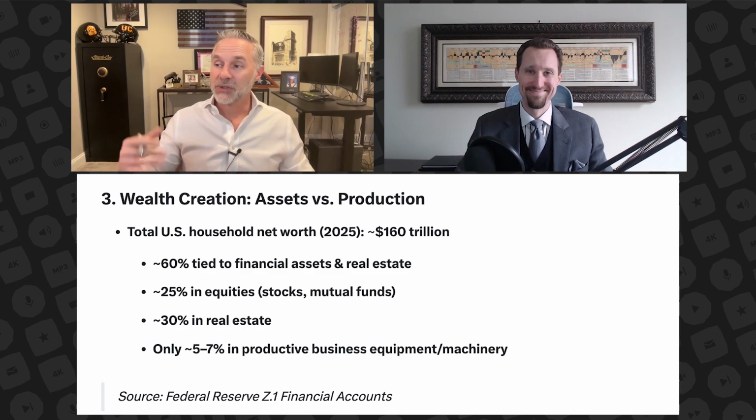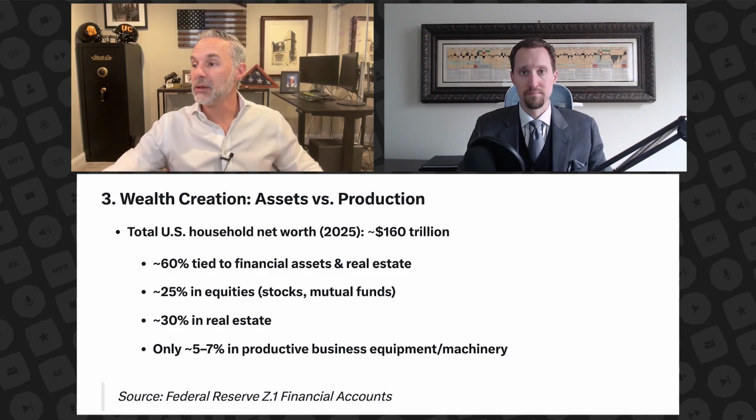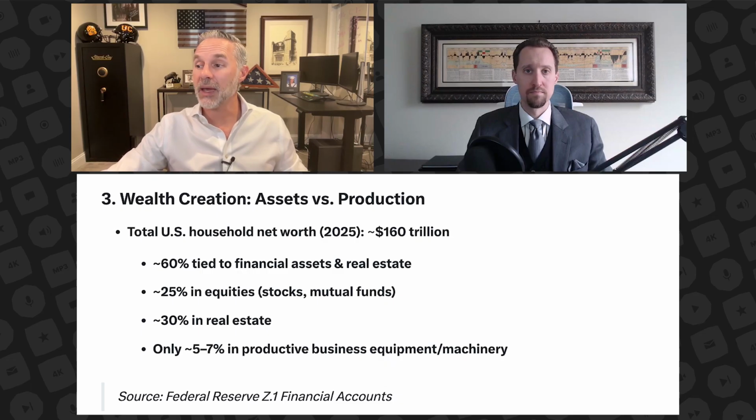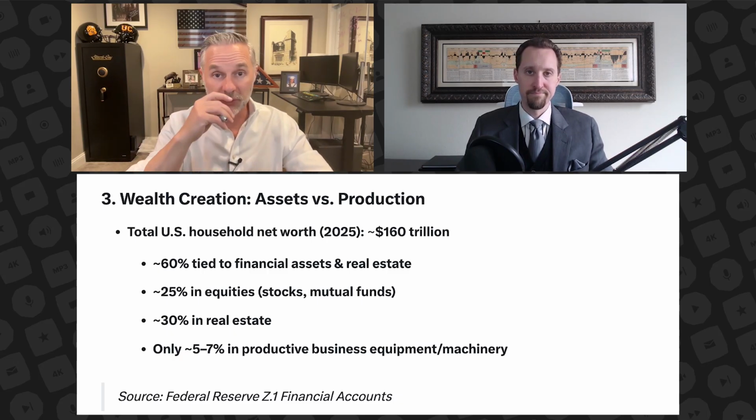Anyway, 60% of wealth creation in this country, financial assets, real estate, 25% equities, another 30%, well, 30% of that in real estate. Only 5 to 7% of the wealth creation in the country is based on production, business equipment, machinery. So the real things, the productions, the manufacturing of things.